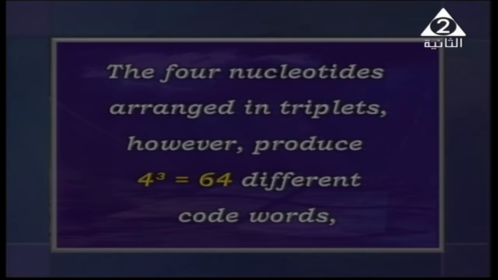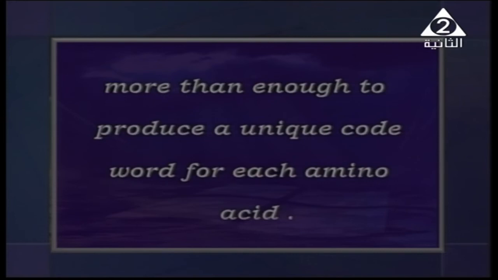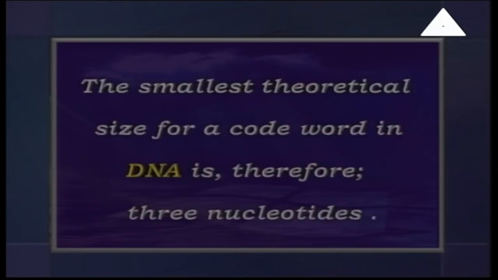Now consider a triple arrangement, where the nucleotides are arranged in 3 letters. The 4 nucleotides arranged in triplets, however, produce 4 cubed, equals 64 different code words. That is more than enough to produce a unique code word for each amino acid. So the smallest theoretical size for a code word in DNA is 3 nucleotides.